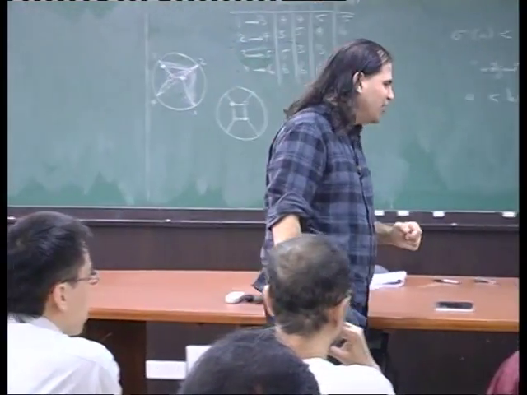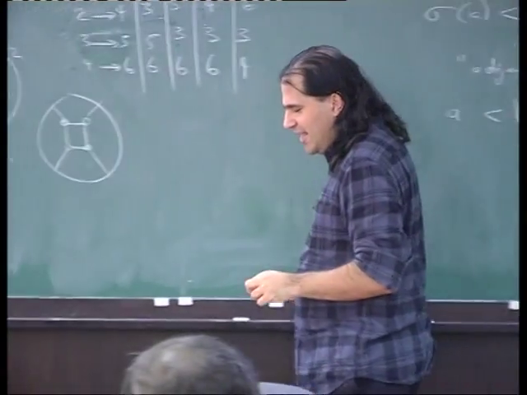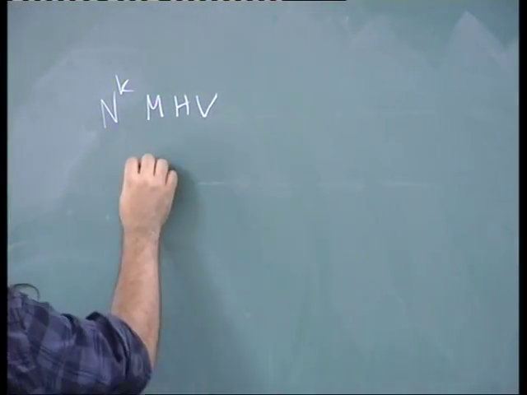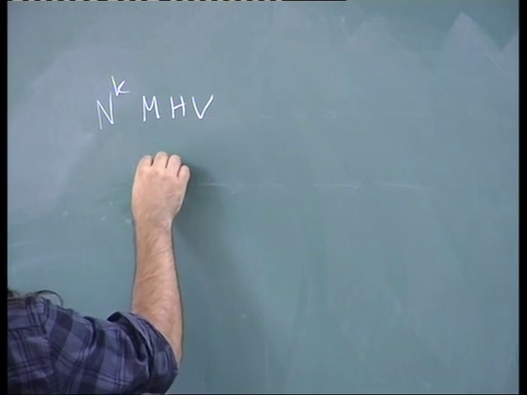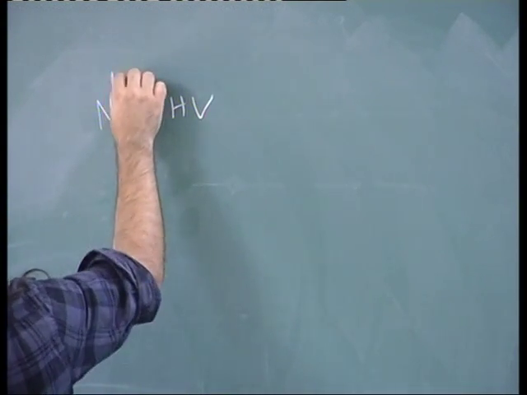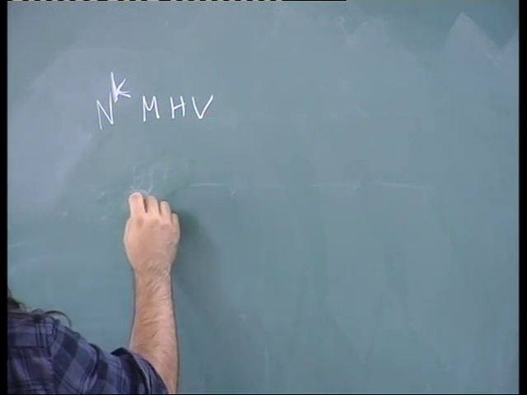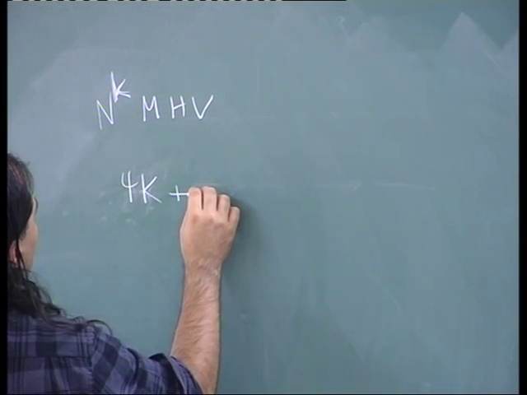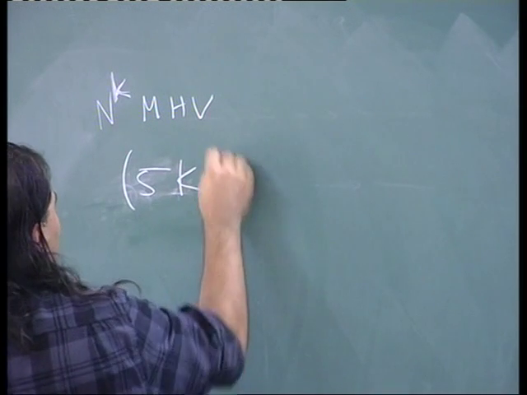So in general, if you're talking about N to the k MHV, the formula is that it's exhausted beyond 5k. Thank you. It's exhausted beyond 5k.